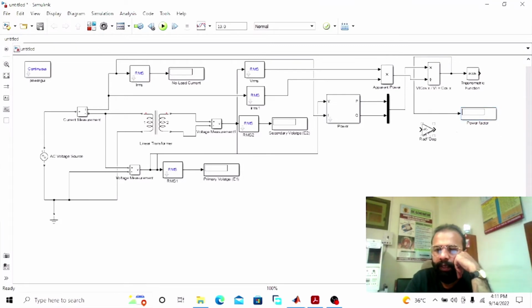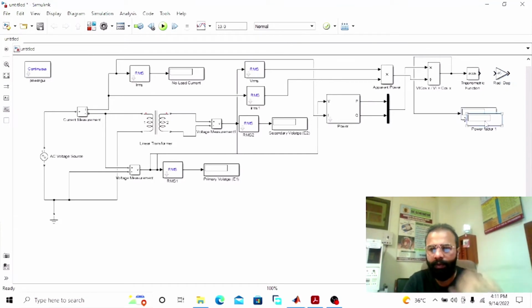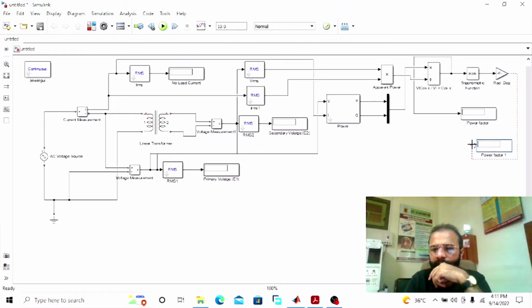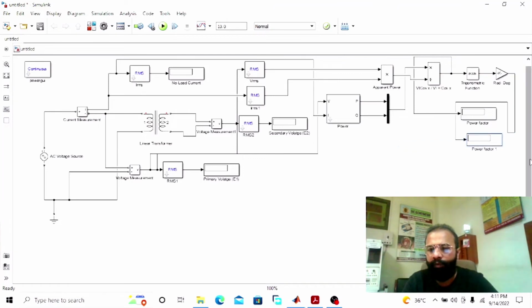Now we need another display. This display will give us the value of the power angle, which is the angle between the voltage and current.